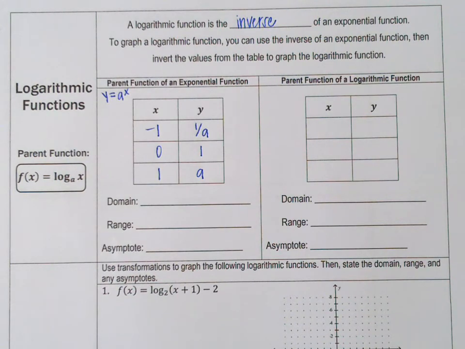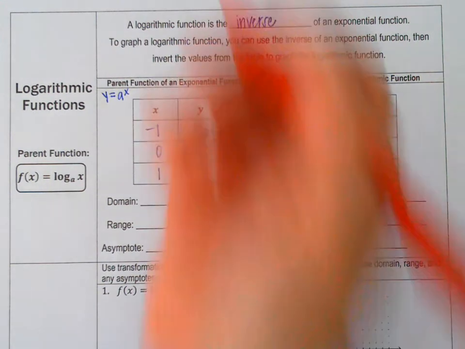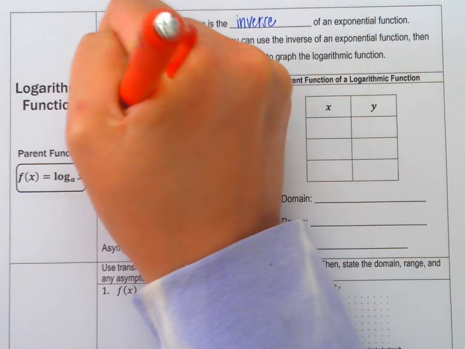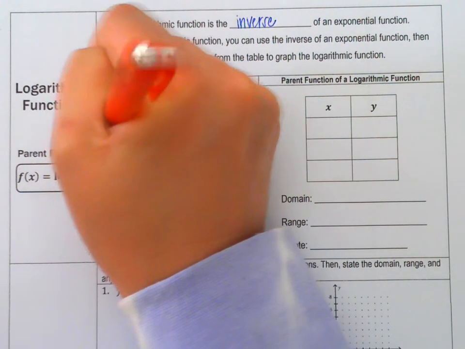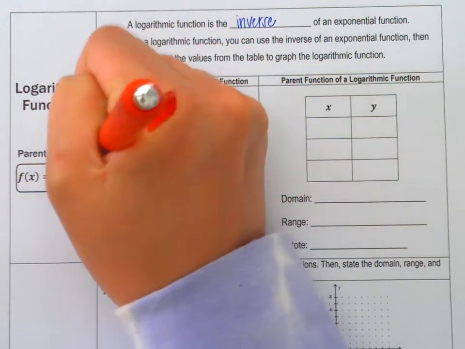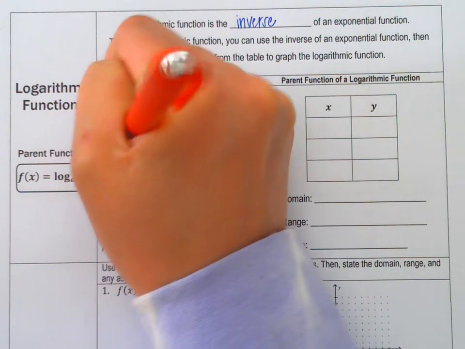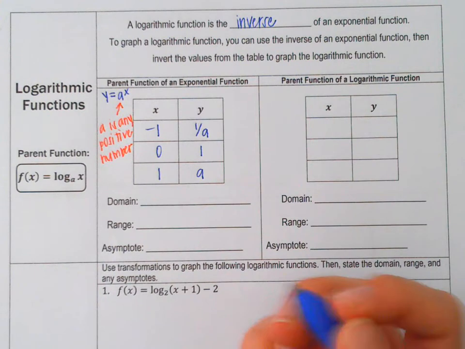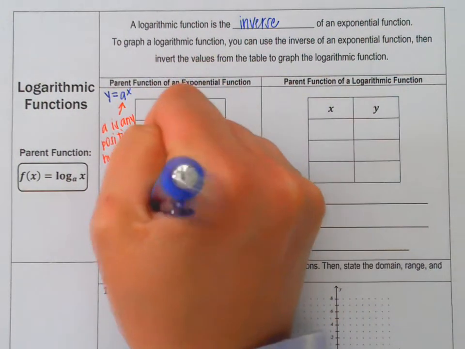So just as a few side notes and important things to remember. First, remember a is any positive number. So the domain, remember, of an exponential was always all real numbers.